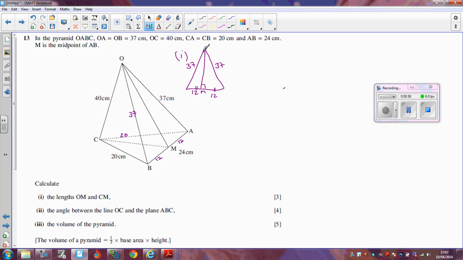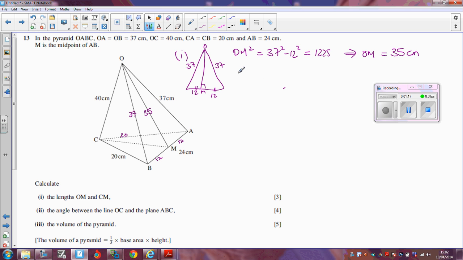So here's M and here's O, so I can see that OM squared by Pythagoras is 37 squared minus 12 squared. If we figure that out, it comes out as 1,225, and if we find the square root of that to find OM, it comes out as 35 centimeters. So I'm going to put that on the diagram. So this is 35 now.